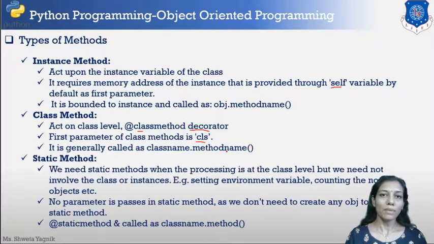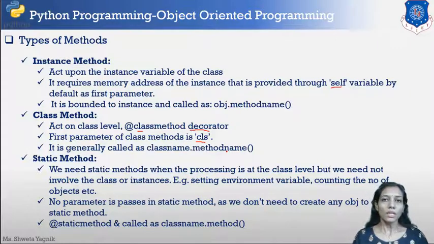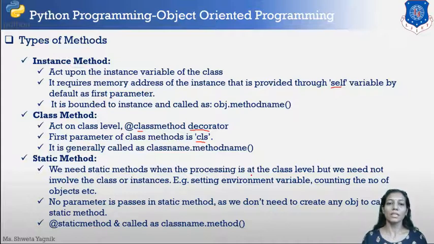Now the next type of method is called a static method. We need a static method when processing at the class level, but we do not want to involve any of the class or instances. Suppose we want to find out how many objects are created; that can be done using the static method.